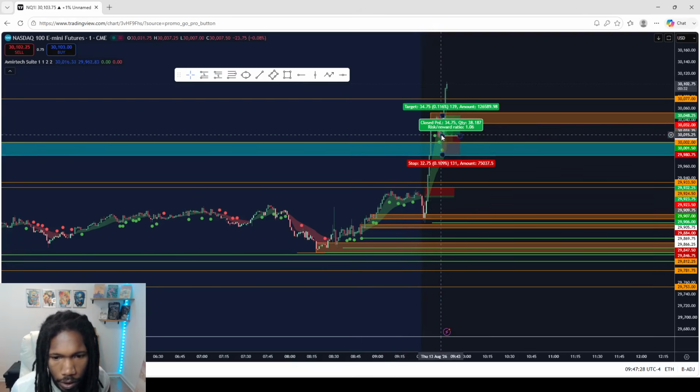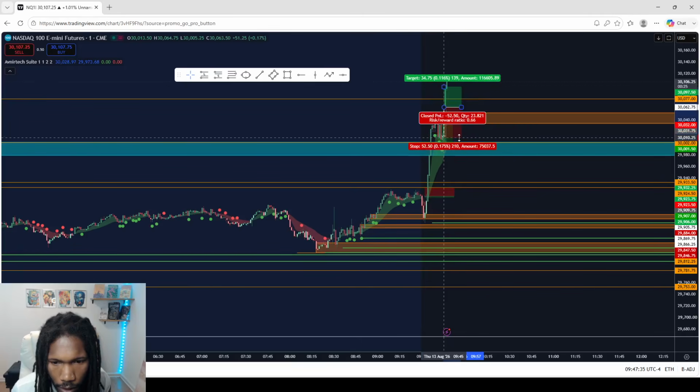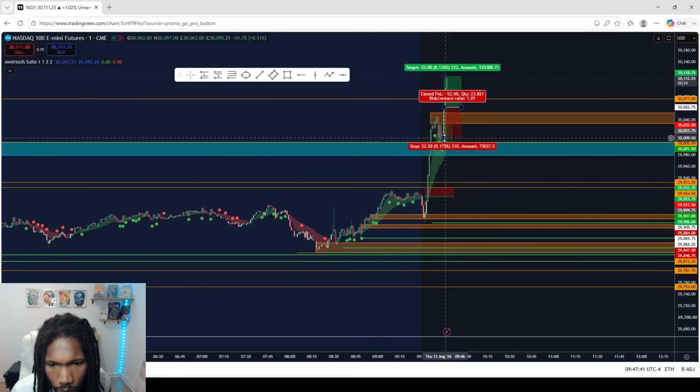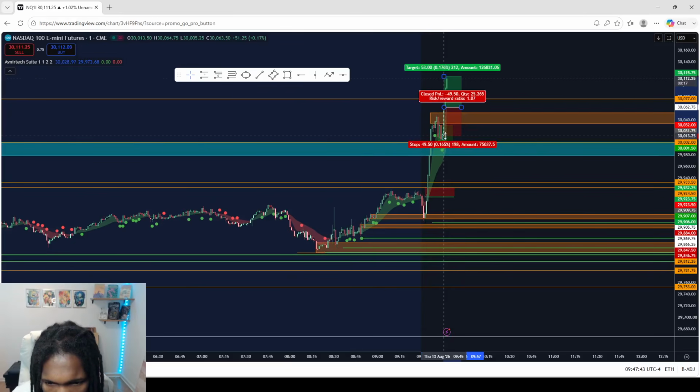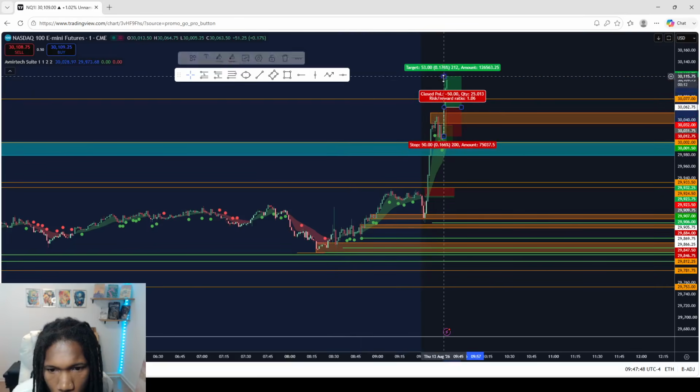But let's go back. Let's say we entered off of the break there. Stops at the low of this candle for 210 and 210. I think it was 200 actually. Yeah, there we go, 200. So profit already hit. That move already played out.